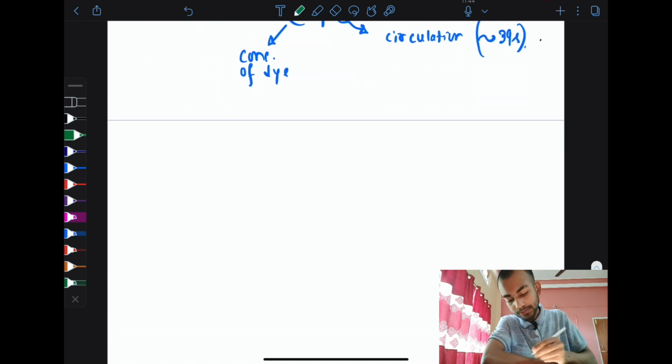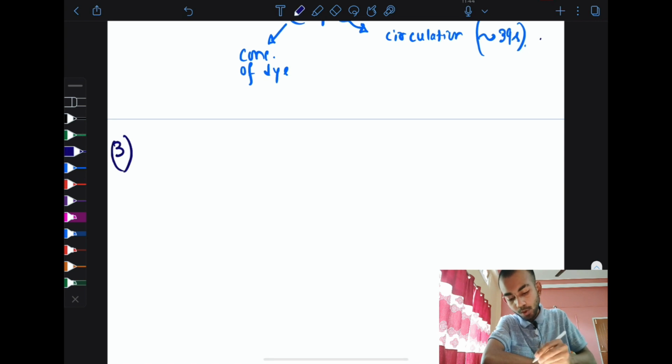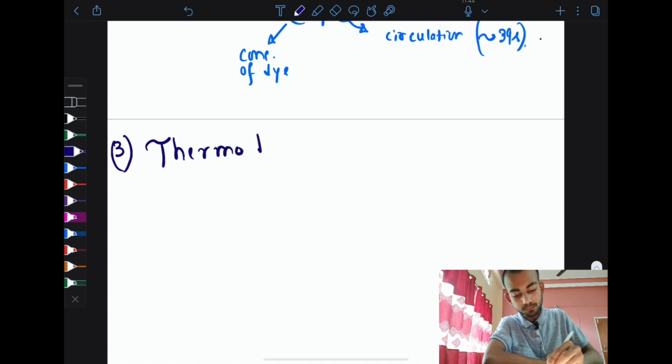Now let us move on to the third invasive way for measurement of cardiac output, that is the thermodilution technique, also known as the Stewart-Hamilton technique.